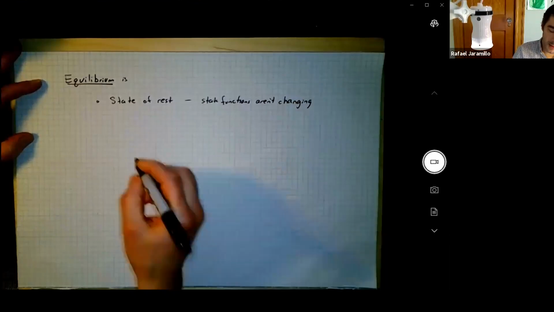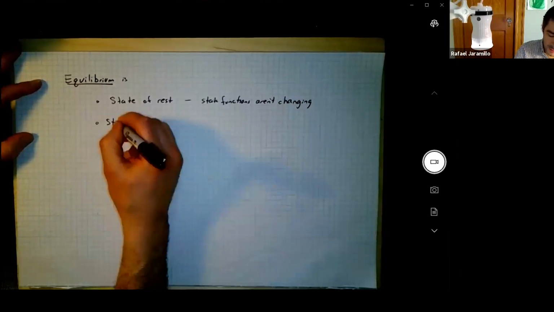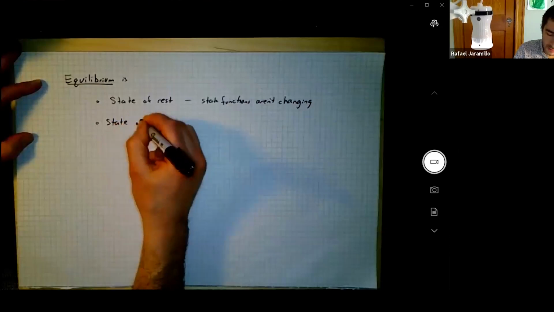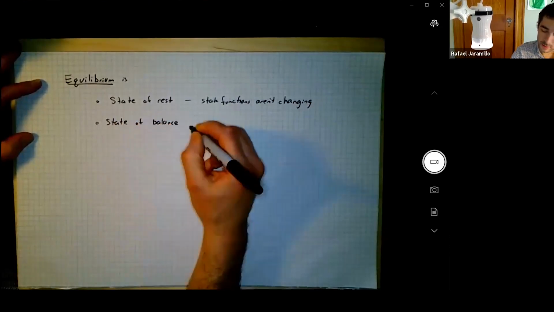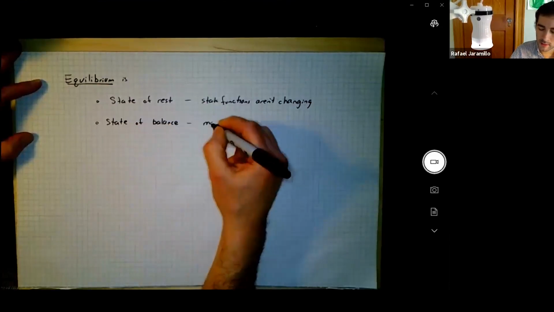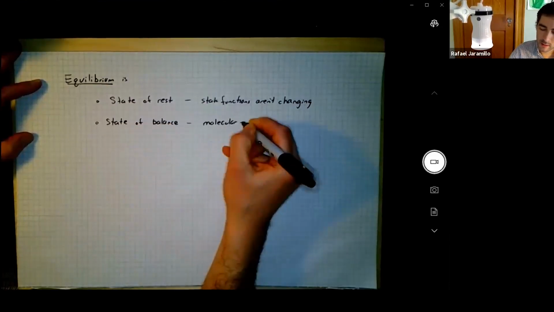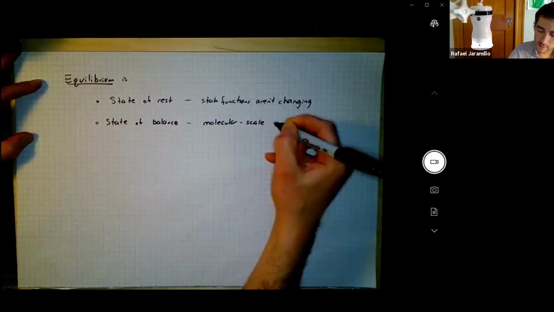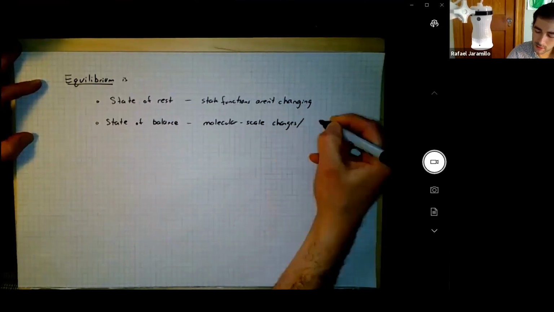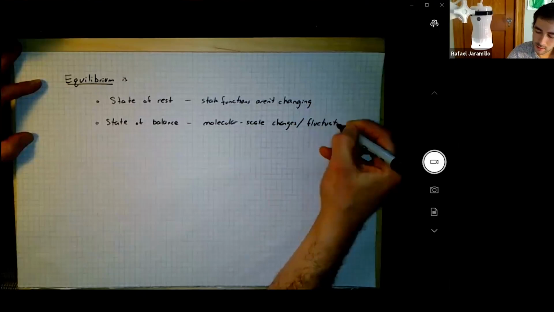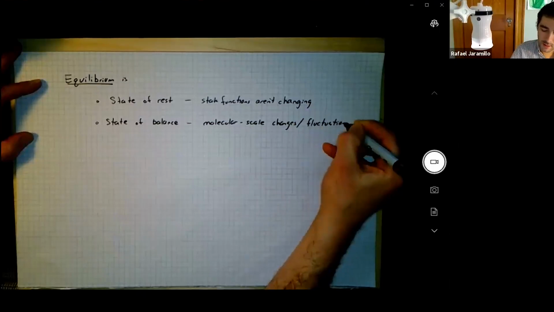It's also a state of balance. Molecular scale changes or fluctuations average to 0.